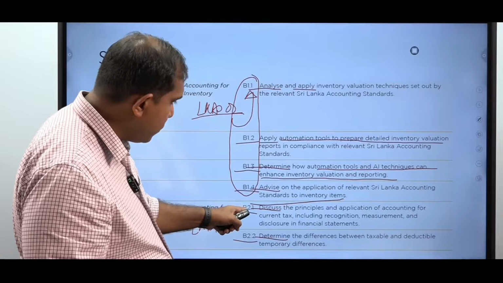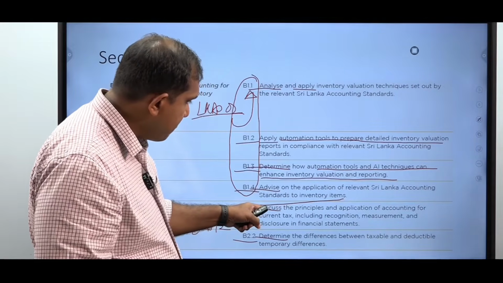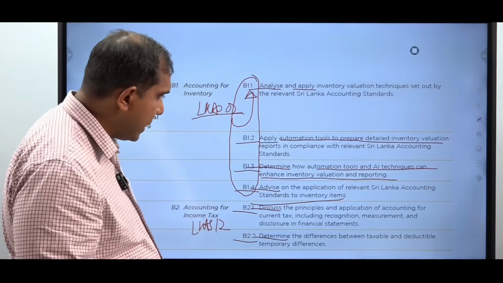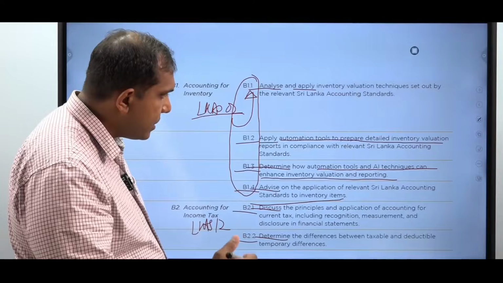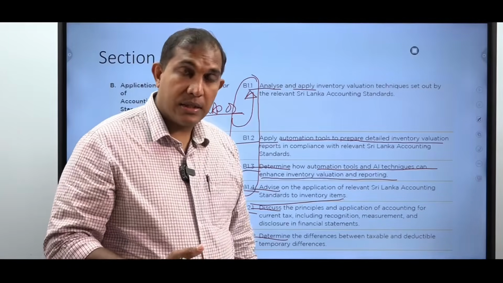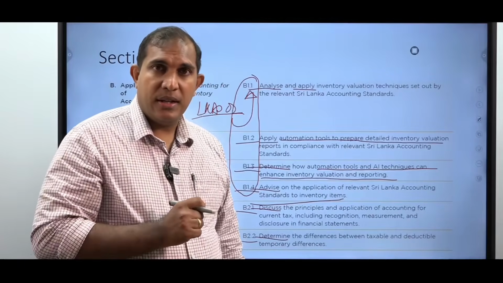Let me focus on B 2.1. Discuss the principles and application of accounting for current tax, including recognition, measurement, and disclosure in the financial statements. Current tax consists of deferred tax as well.